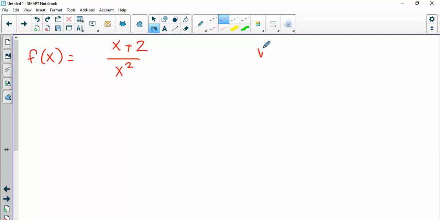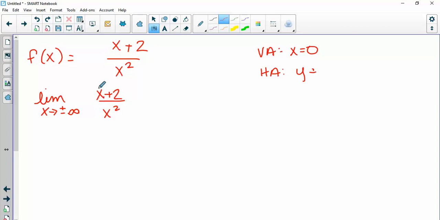So what would the vertical asymptote be here? Horizontal asymptote will be y equals, and then we have to do our limit. So limit as x approaches positive or negative infinity. And what's our trick?